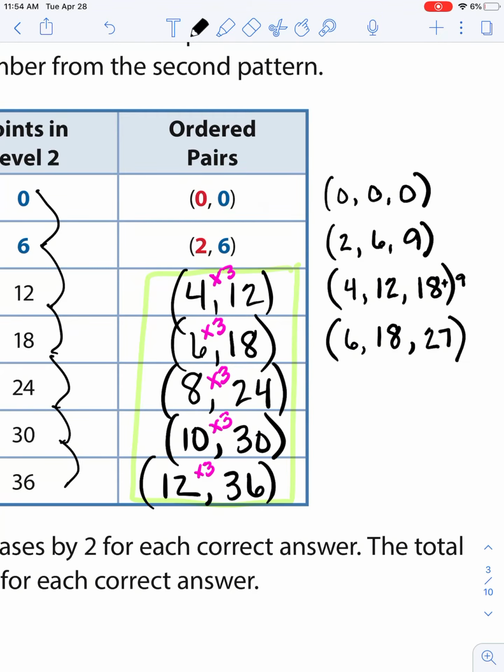Look at what's happening. Times 3. Up by 3. Okay, look. Times 3, you get 12. Or up by 3. Times 3.